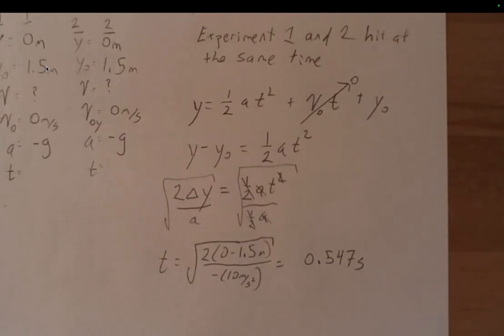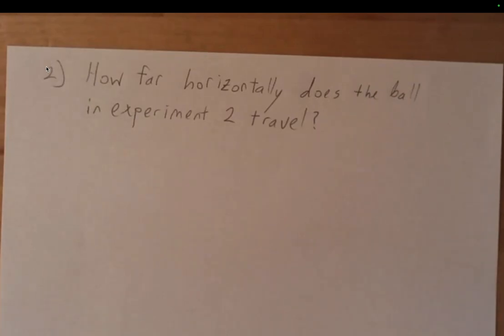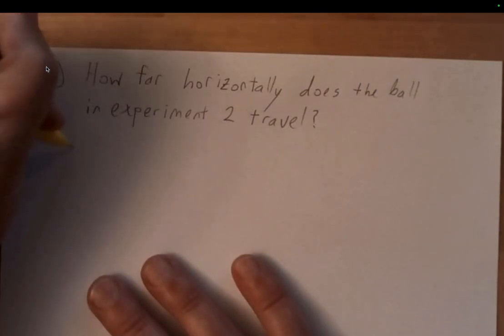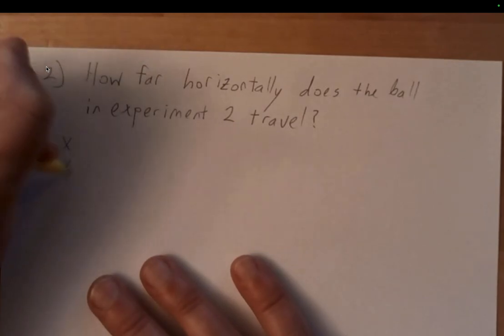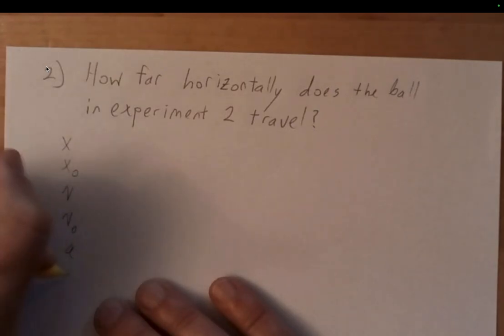The second question that we're being asked is how far horizontally does the second ball travel in experiment 2? So this is where, once again, we can set up our variables because we're talking horizontally. Now we have x, x naught, v, v naught, a, and t.